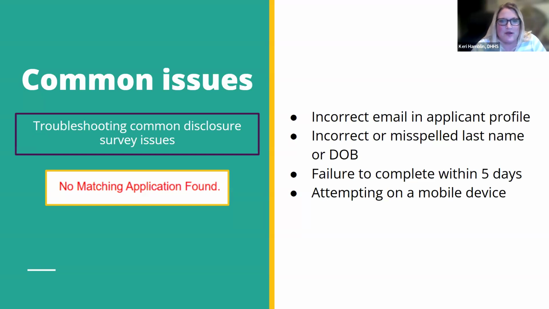Same with misspelled names or date of birth. Regarding cell phones, it's kind of hit and miss. Sometimes they work and sometimes they don't as far as being able to access the disclosure statement. So we recommend always trying to do it on your PC.